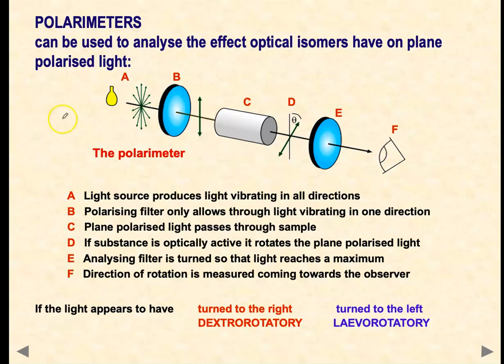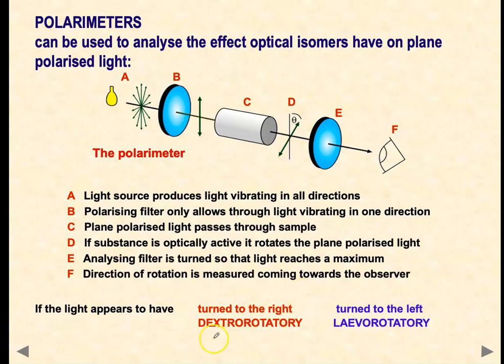labeled diagram for you. You need a light source. You need a polarizing filter, which allows the light in one direction. You need the sample, where light passes through a sample, and then you will measure the plane polarized light in order to see which direction it is going.